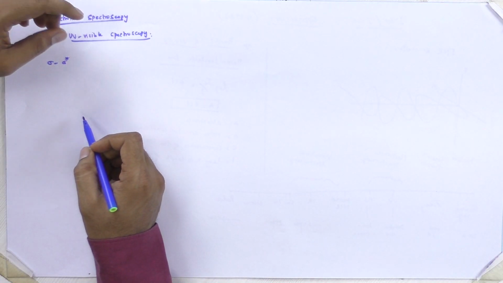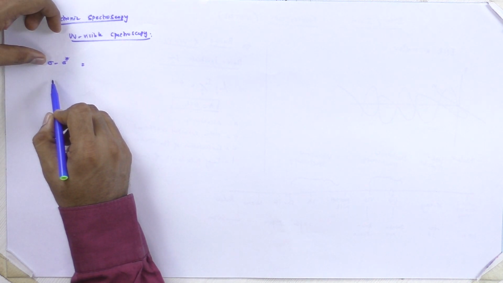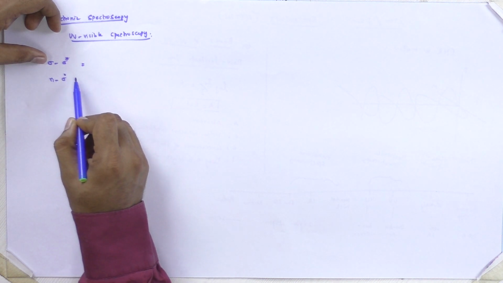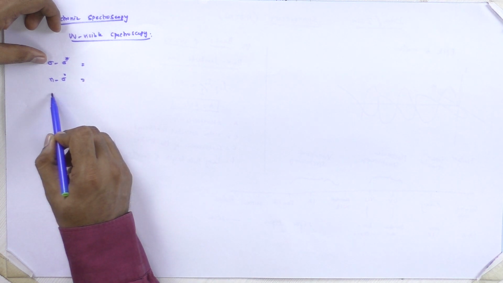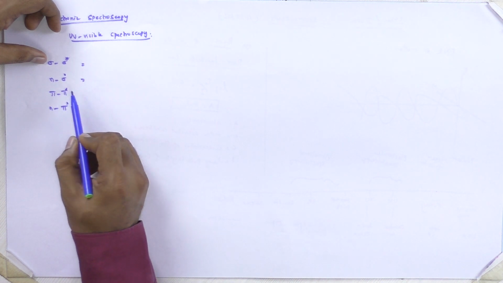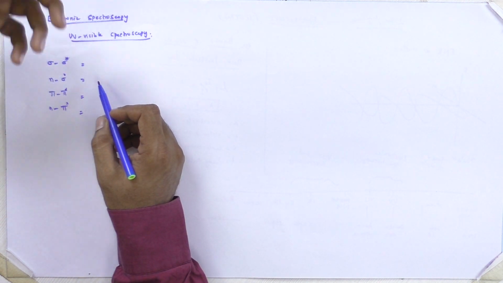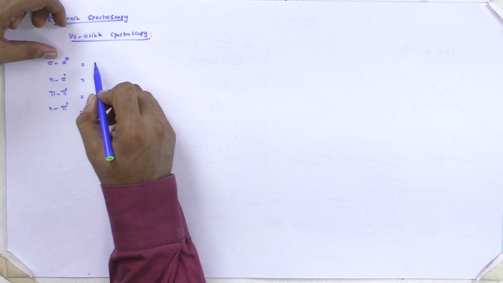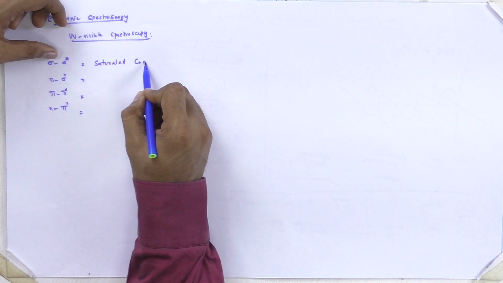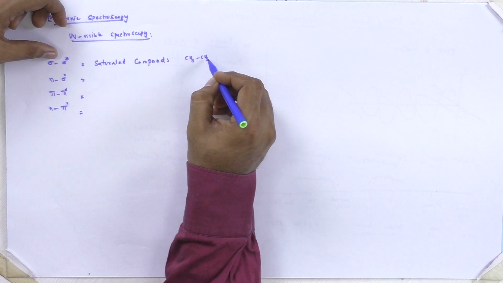What electronic transitions are possible in compounds? There are 4 important electronic transitions: sigma to sigma star, n to sigma star, pi to pi star, and n to pi star. Sigma to sigma star mostly happens in saturated compounds, which have only single bonds, like CH3-CH3 or methane.